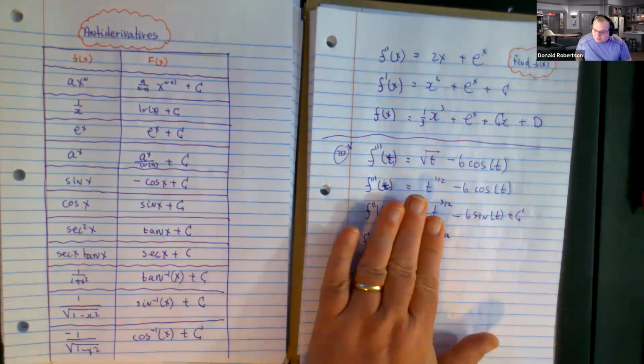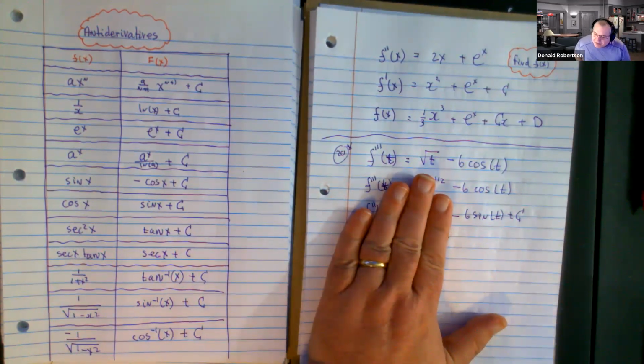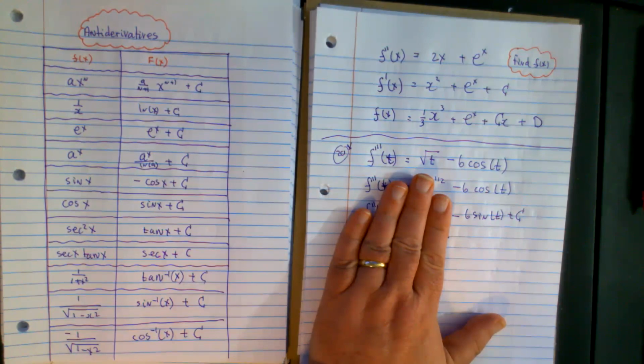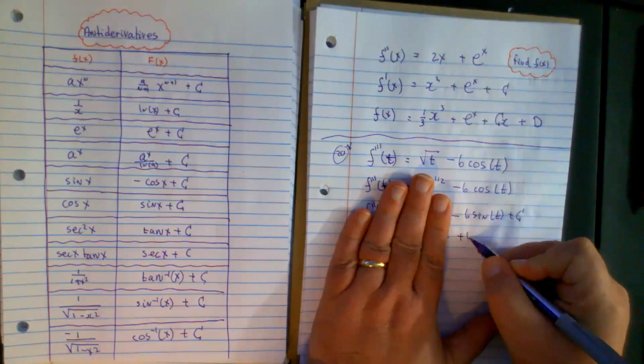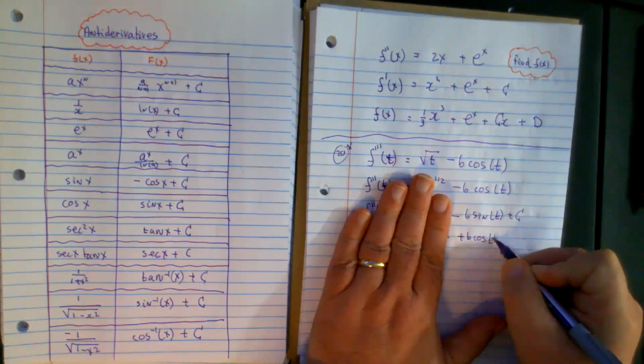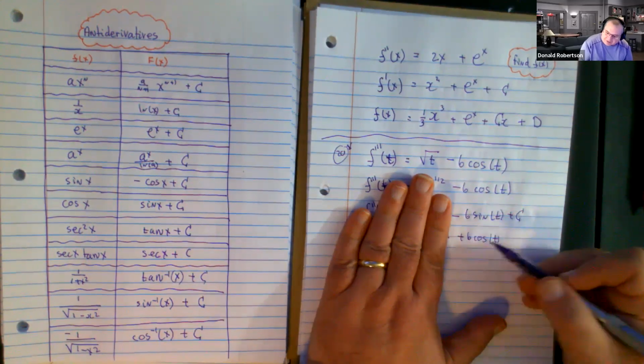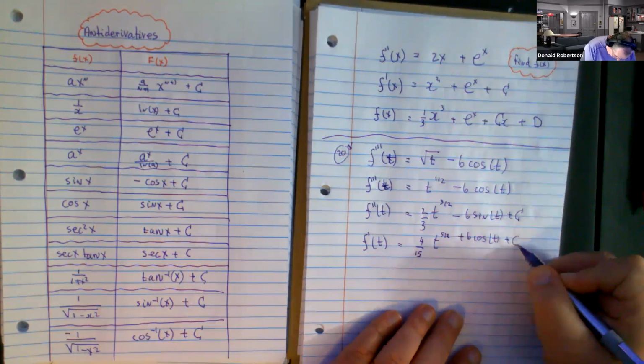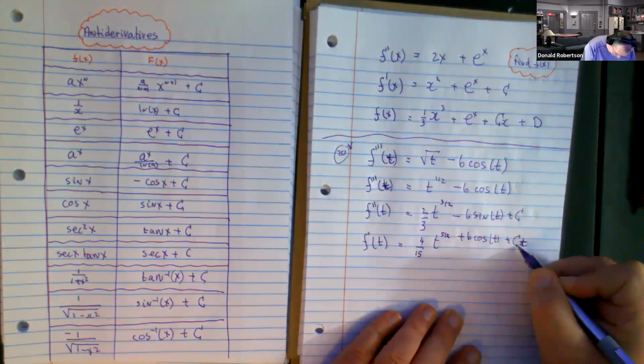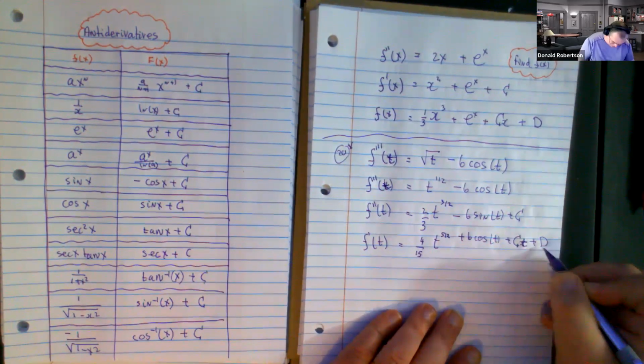What will the antiderivative of negative 6 sine get you? Positive 6 cosine. Correct. Because a sine gets you a negative cosine. So 2 negatives make that a plus. Now the c gets you ct plus d.